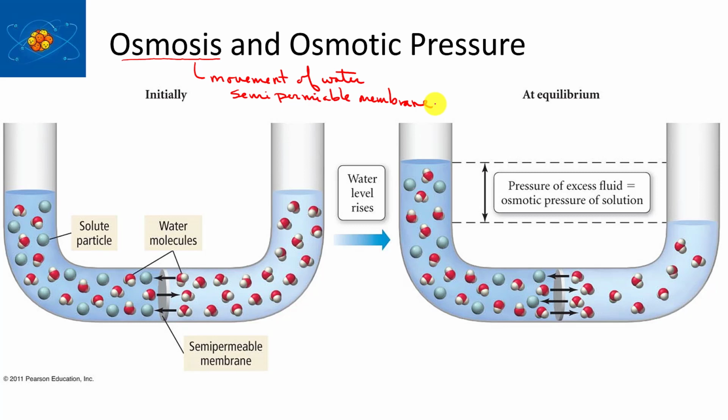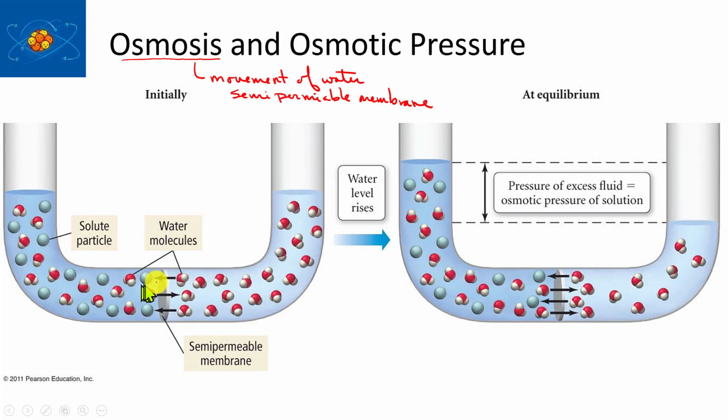So let's look at what normal osmosis does. This is an illustration from your book, and they have this tube. It's called a U-tube, of all things. First you think of it as being filled with water, right? And then on this side, we've added solute particles, again, non-volatile solute particles.